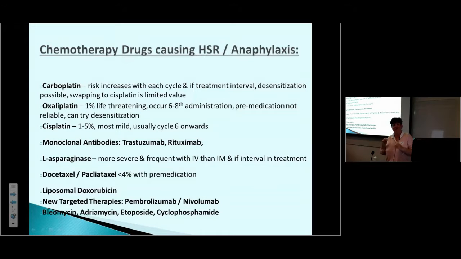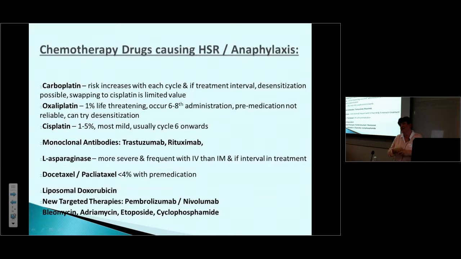So you're starting at very small doses and gradually increasing over 12 steps and completing that whole infusion. And that can work with carboplatin. What you've got to do is actually evaluate the risk of serious adverse effect to the patient against the benefit of having that particular treatment.